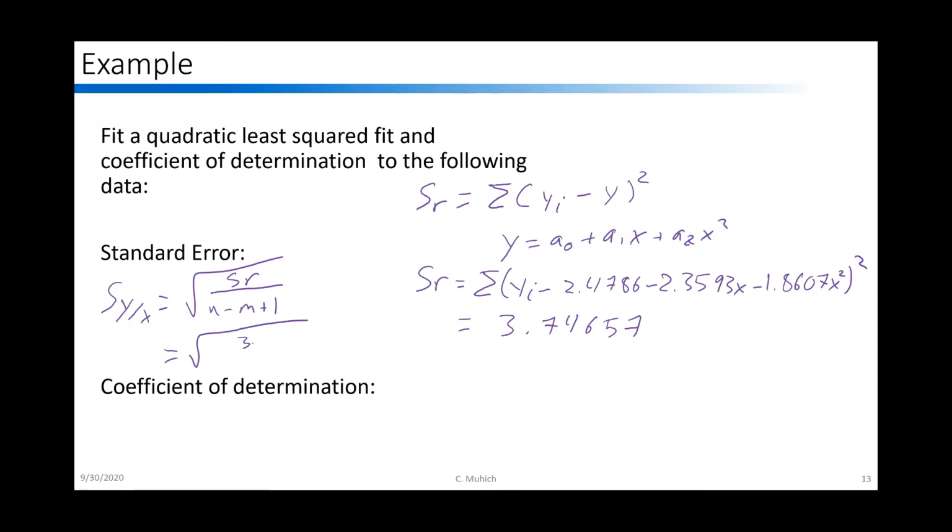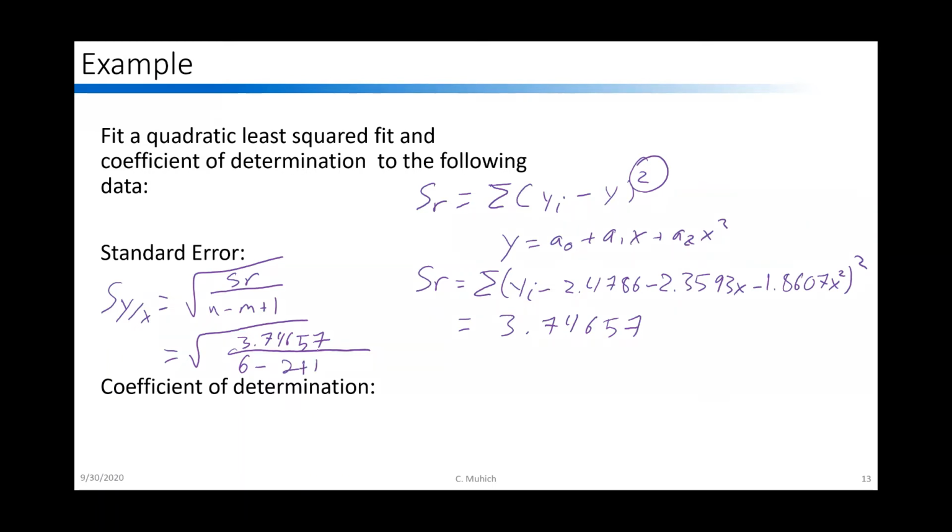Remember, we can plug in that SR value. And then we just need to know n and m. Remember, we had 6 pieces of data, so n was 6. And then we are fitting to the quadratic, so m is 2.